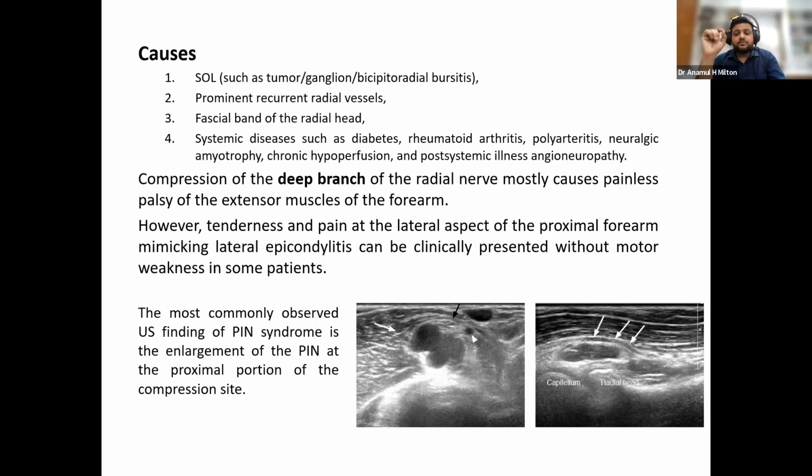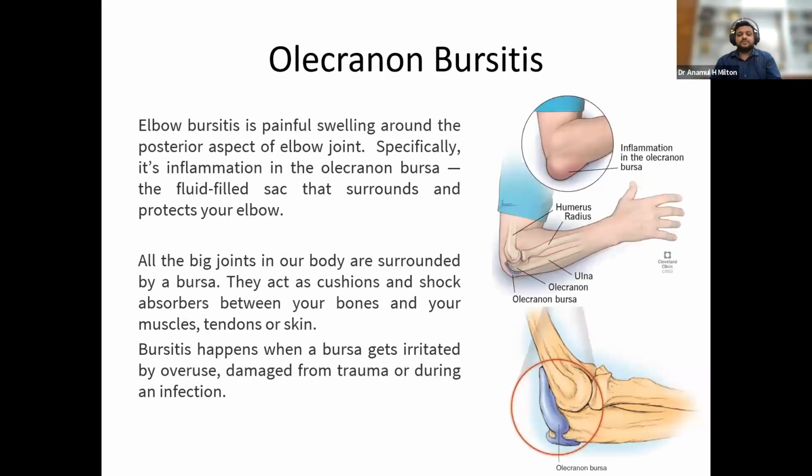This is the very important clue. Another one is C5 radiculopathy; sometimes part of C6 radiculopathy may also affect this area. So always correlate both the clinical presentation and clinical examination, and also some investigations.